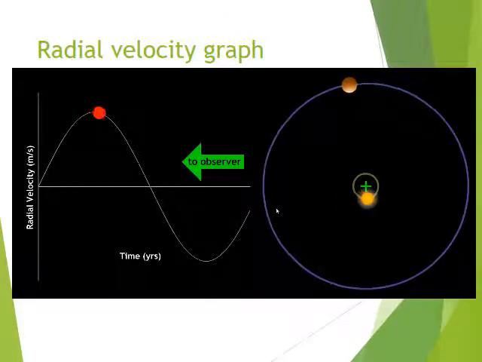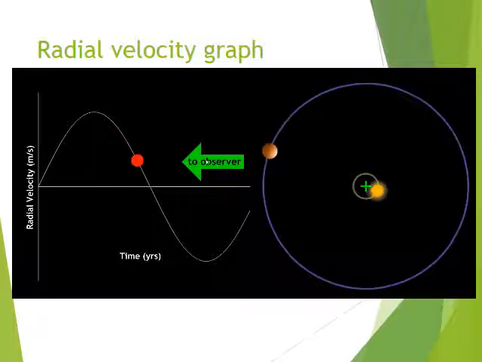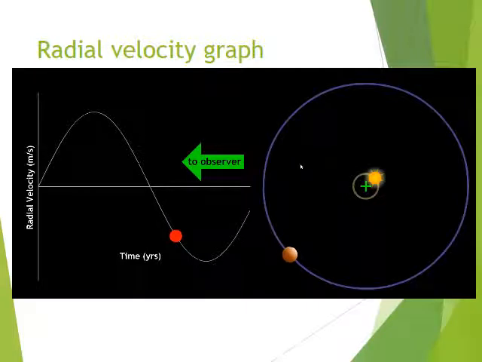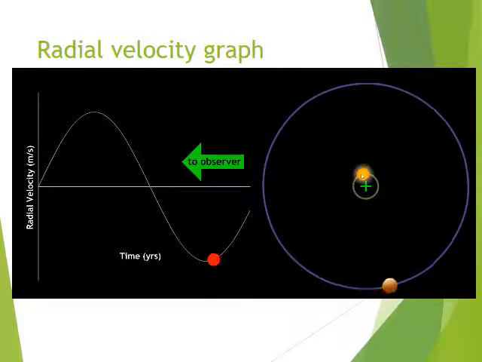But what I want you to notice is that the observer is looking at the star, and the star appears to be moving toward the observer right now. In fact, moving toward the observer, and now the star appears to be moving away from the observer. And that's what astronomers look for.